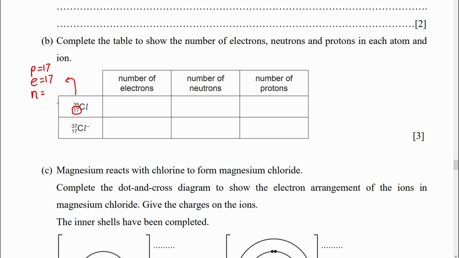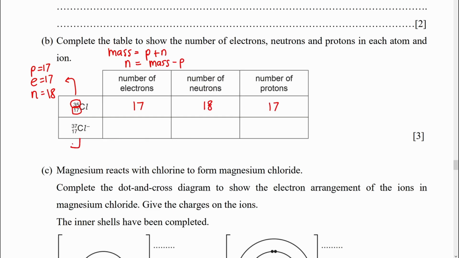While neutron, how to find neutron? So we have to know the mass number, right? In here, the mass is 35. So mass equals proton plus neutron. So that means neutron equals mass minus proton, right? The mass is 35 and the proton is 17. So 35 minus 17 is 18. So in here, the answer is 17, 18, and 17.